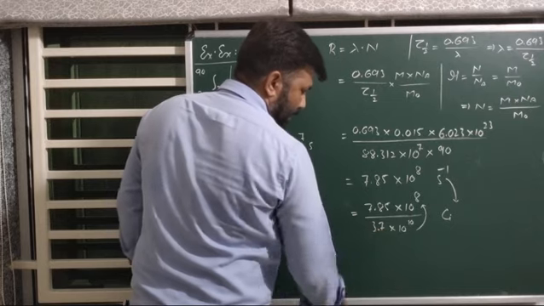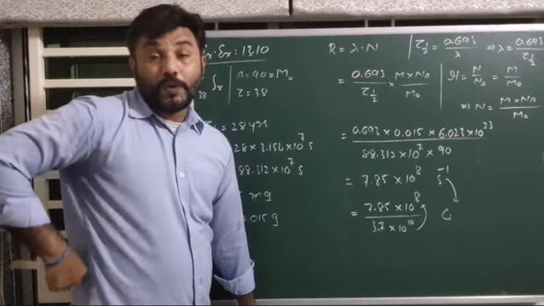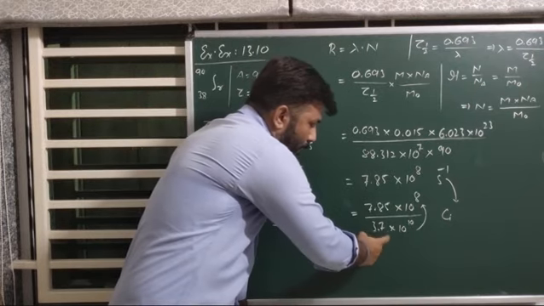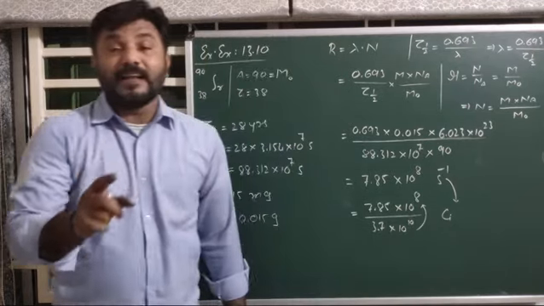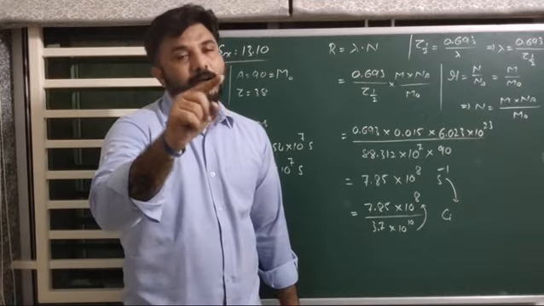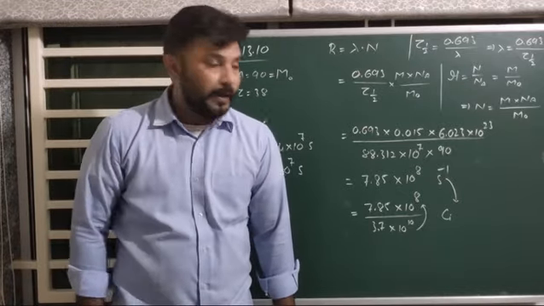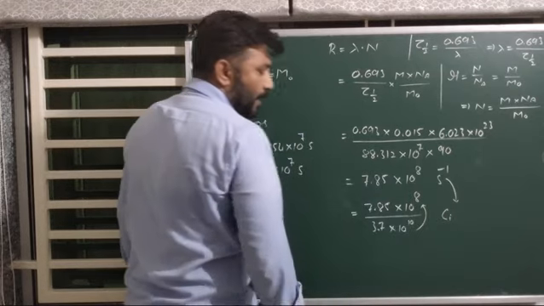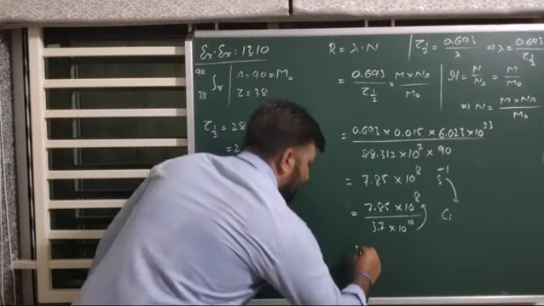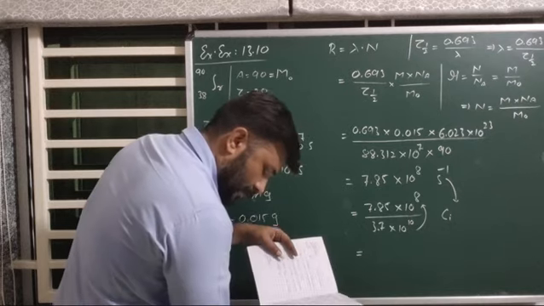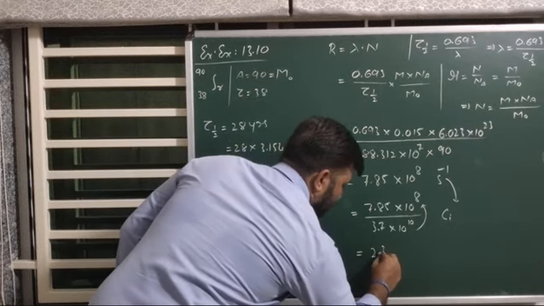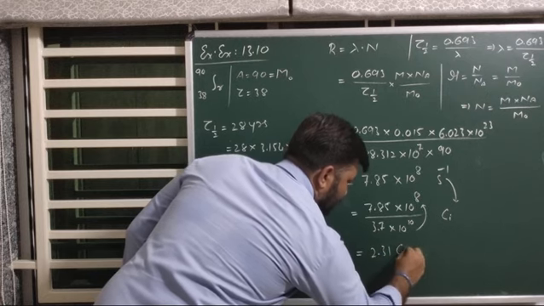One definition I gave for homework: Curie. What is Curie? If 3.7 multiplied by 10 to the 10 disintegrations take place in 1 second, it is said to be 1 Curie. So second inverse is converted into Ci, that is Curie, and you will get the final answer 2.31 Ci.